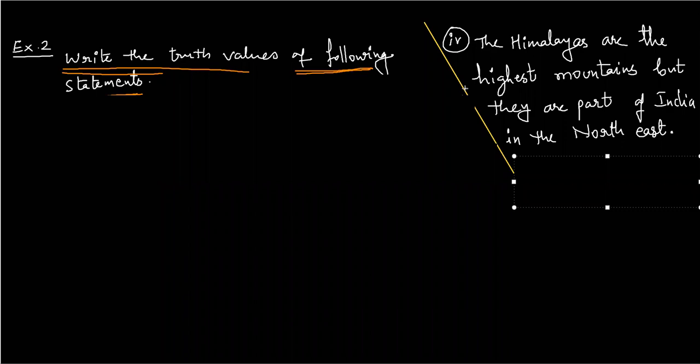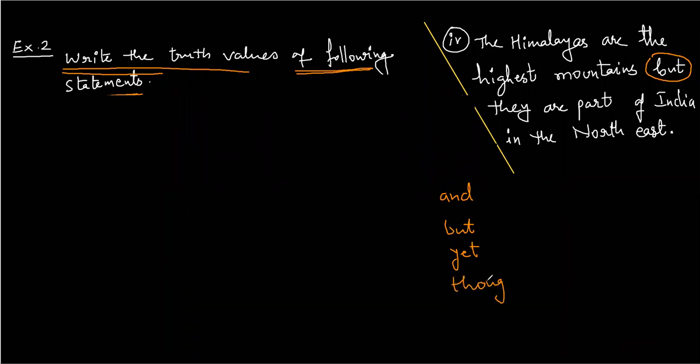The question number 4 is, the Himalayas are the highest mountains, but they are part of India in the northeast. Now, you know, students, that the connective used here is but, and this but is used instead of and. We have got several other substitution words for and, that is but, yet, though, still.